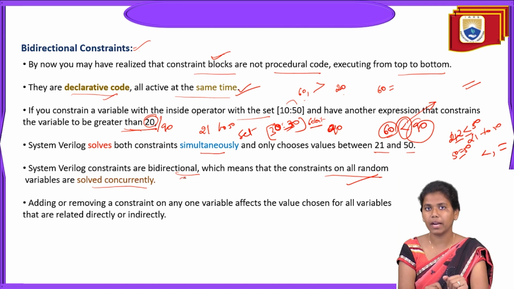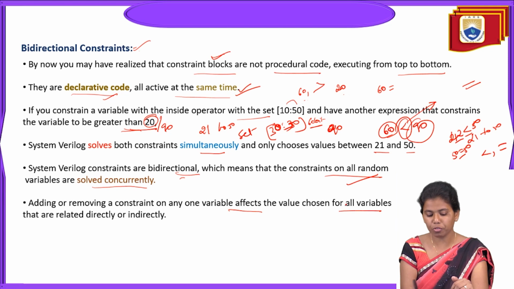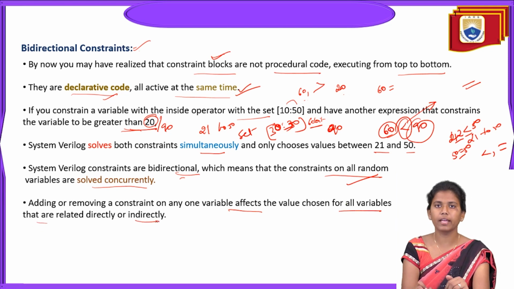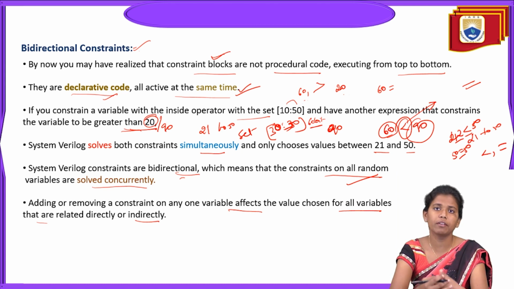The constraints are bidirectional, and adding or removing a constraint on any one variable affects the value chosen for all variables that are related directly or indirectly. Randomly, we are given variables to consider.